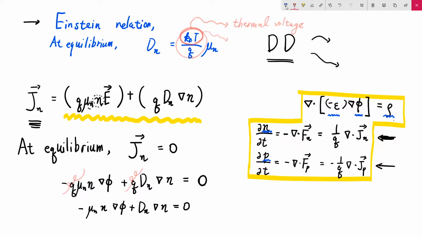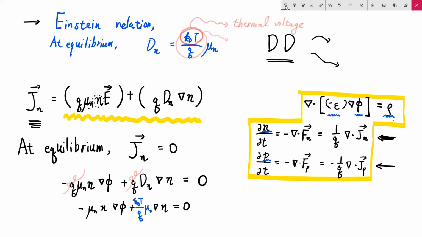So if we introduce this special relation which can be applied to the equilibrium state, then instead of this dn, now we will have kBT over q and mu n, oh sorry, not dn but mu n.